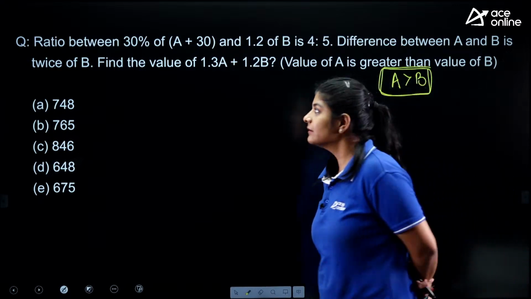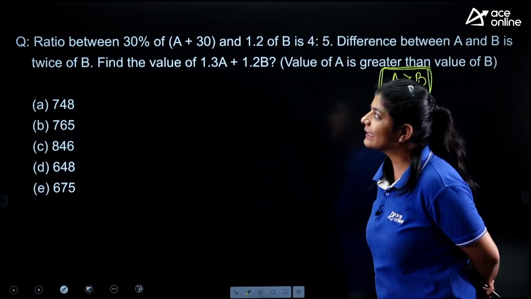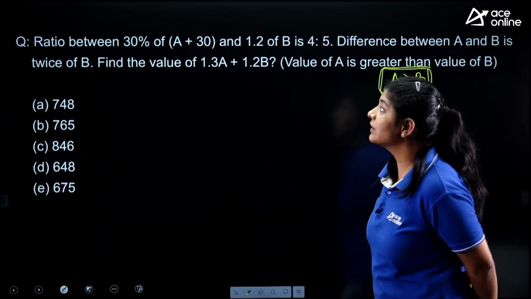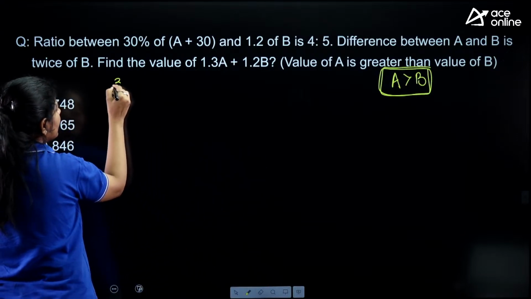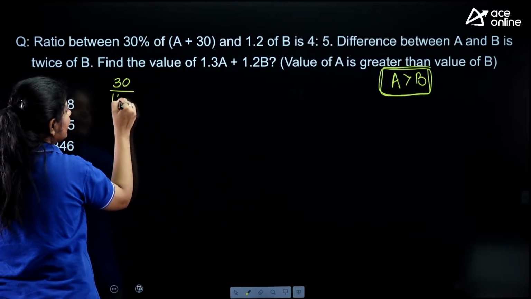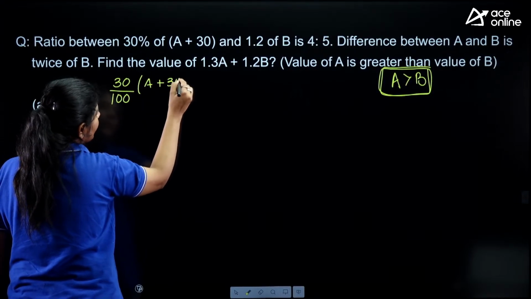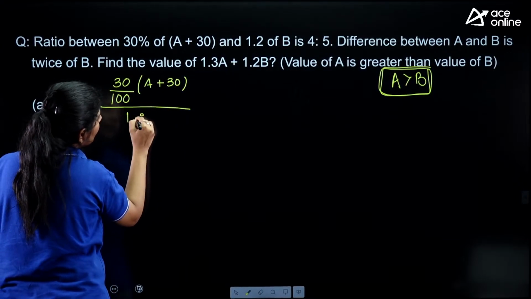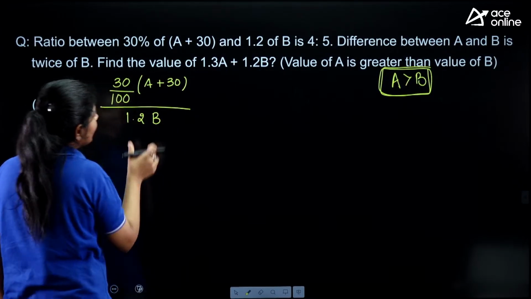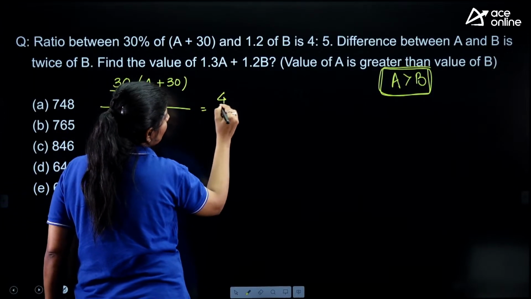Let's start discussing. So 30% of A plus 30 combined. So 30%, I can write as 30 by 100 of A plus 30, to the ratio 1.2B, right? The ratio of this particular thing is nothing but equal to 4 by 5.